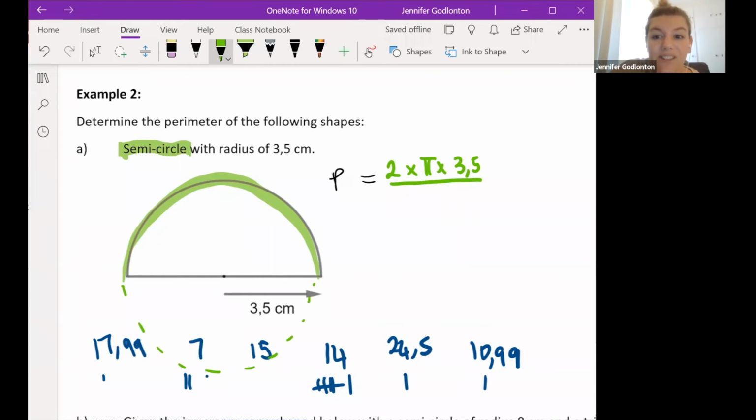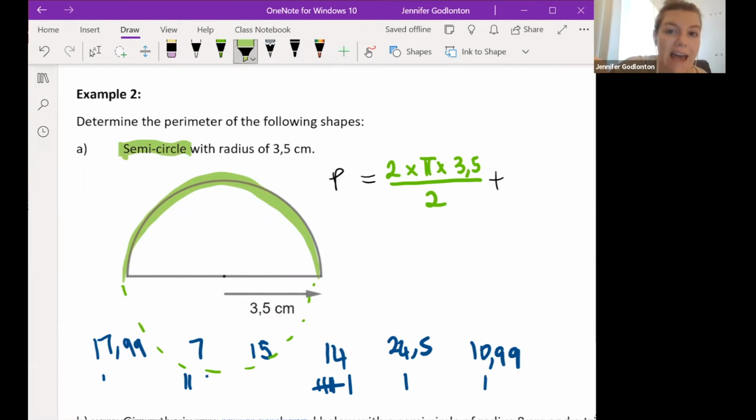And so I have to divide it by 2 because it's a semicircle. So for those of you who've learned it just as pi r, it's because this 2 and this 2 cancel each other out. And that's why it's just pi r. But if you wanted to write it as 2 pi r, it's just 2 pi r divided by 2 because it's a semicircle. So that's just that green part.